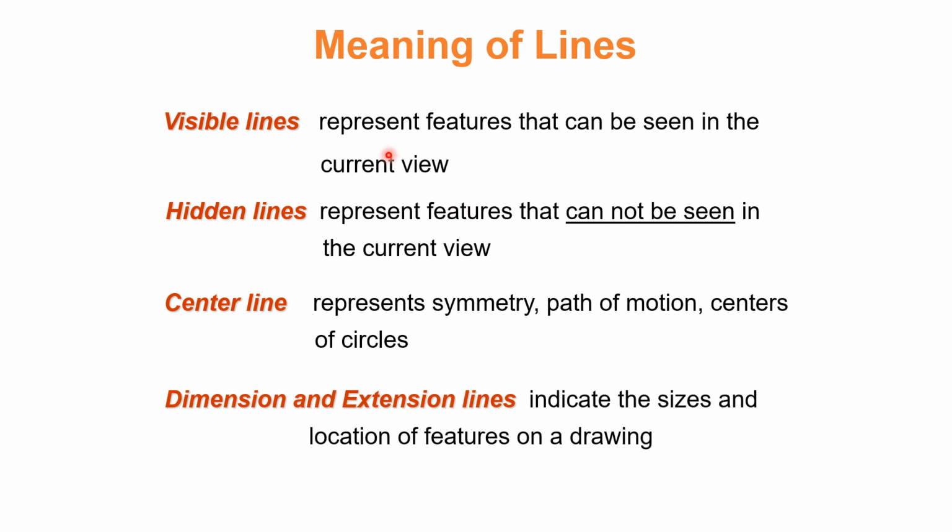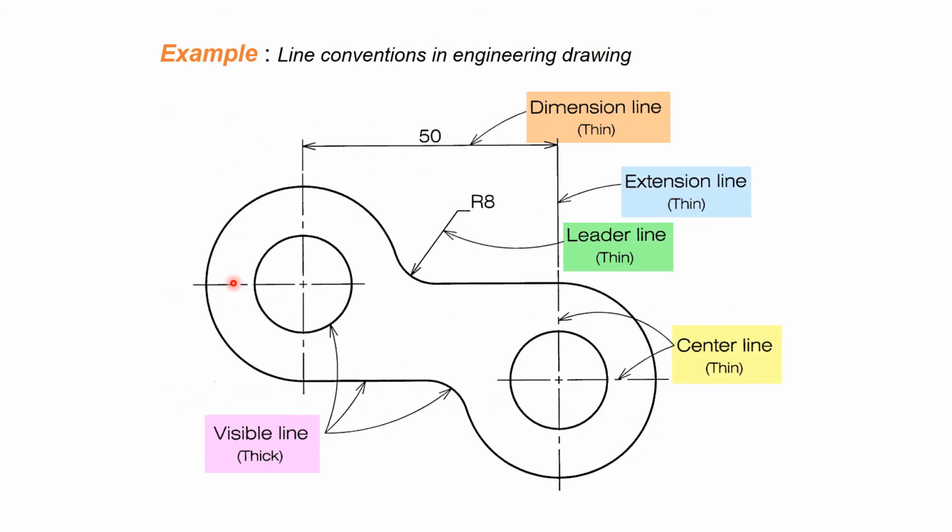First of all I will show the figure. Here is the demonstration of all the lines. Here you are seeing this solid line. This is the visible line, thick line, or its second name is construction line. Here are all the circle objects and arches. The second is this center line: long dash, short dash, long dash. Similarly vertical, long dash, short dash, long dash, that is the center line.